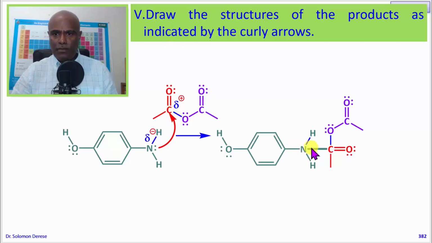So this is the product that is formed. When a bond is formed between this nitrogen and this carbon, this is the product that is indicated by the curly arrow.